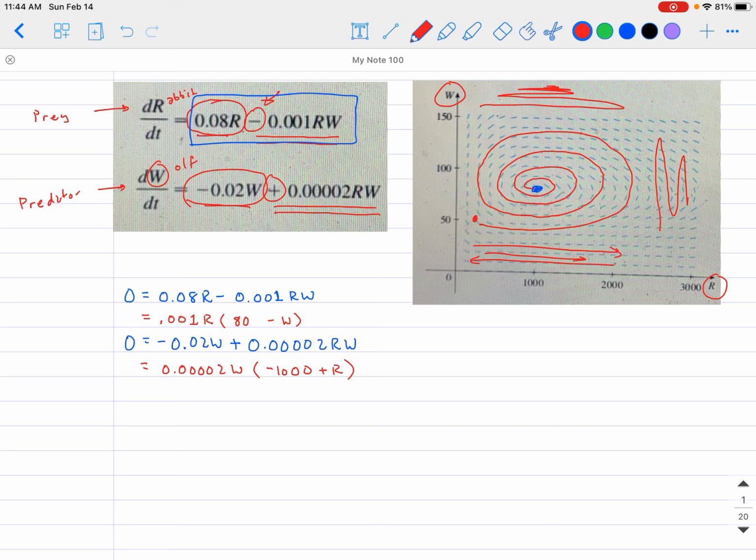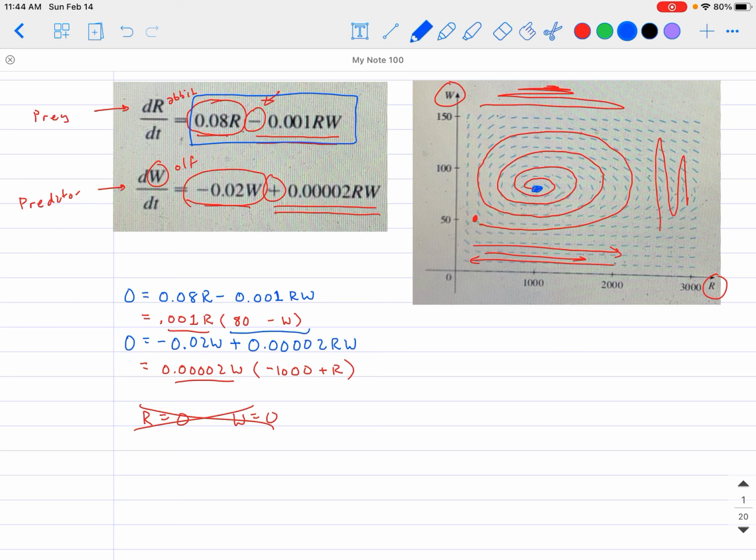Now, in one case where you can see the factor is r and w by itself, you'll notice that r can equal 0 and w can equal 0. And that right there is what is known as a trivial solution, because when both populations equal 0, that's not really a case that I care for, because just because it works doesn't mean I care for it, because there's nothing to work off of. So we're going to get rid of the trivial solution.